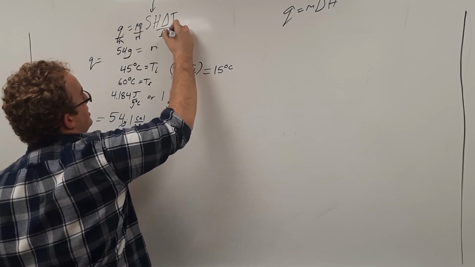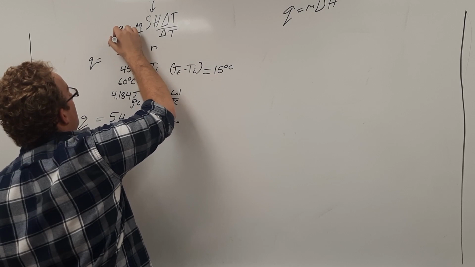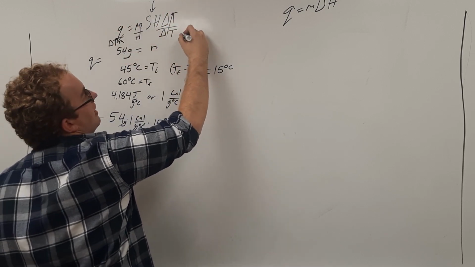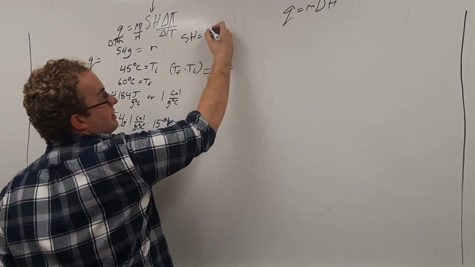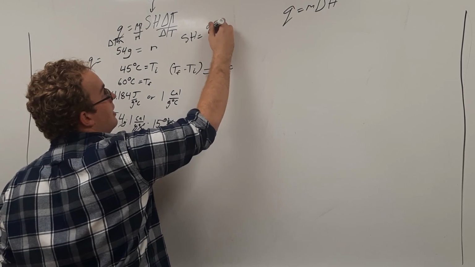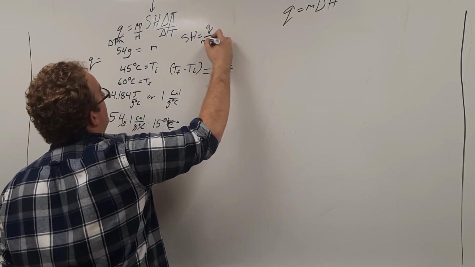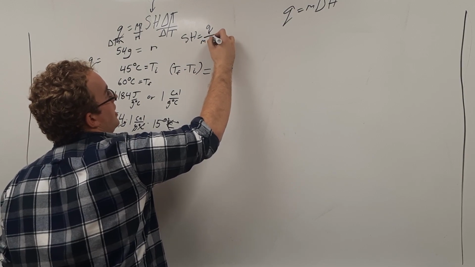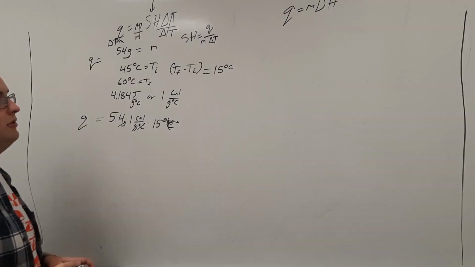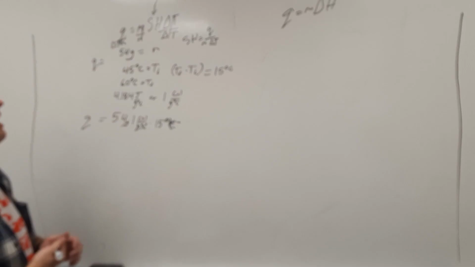Divide both sides by delta T, those cancel. Now we have specific heat equals the amount of heat it took divided by how much of the substance you had in grams and divided by how much it went up in temperature. And then boom. So that's how you do that algebraically.